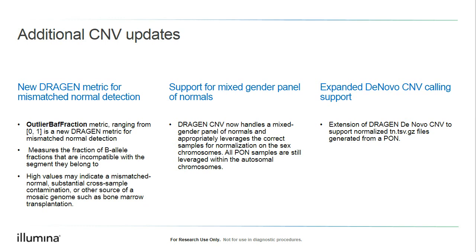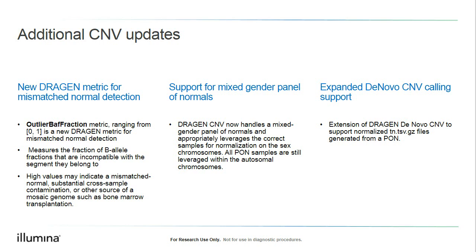It's a new metric that will tell you how mismatched your normal is versus the tumor. The higher the value, it indicates more mismatch, or there is substantial cross-sample contamination or other contamination that has happened that is making it less matched to what is expected. So just something as a metric that you can use to make sure that the normal that you are using is correctly matched to the tumor.